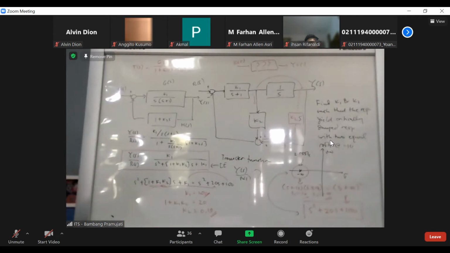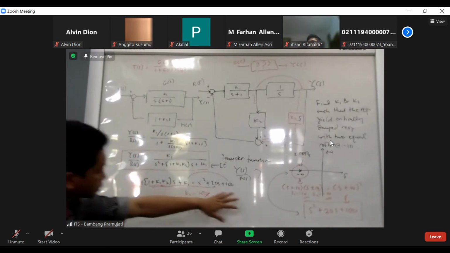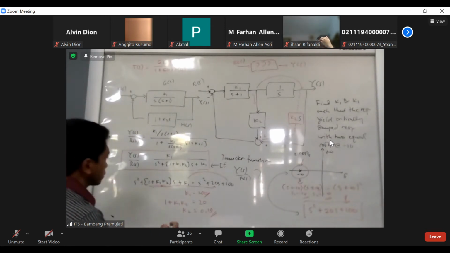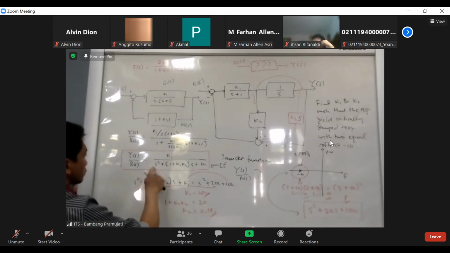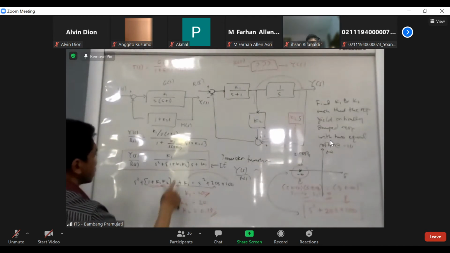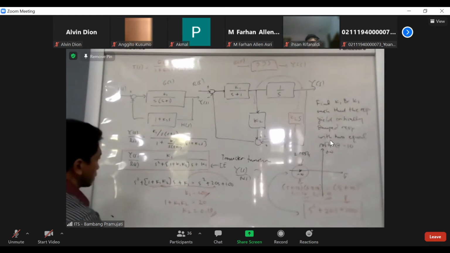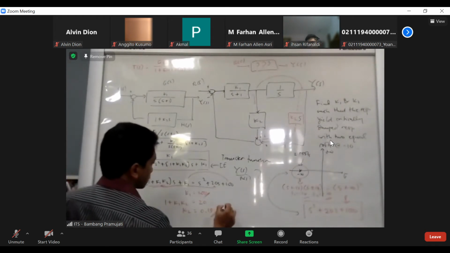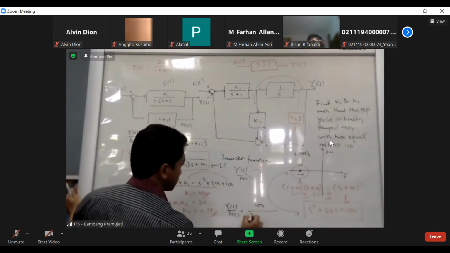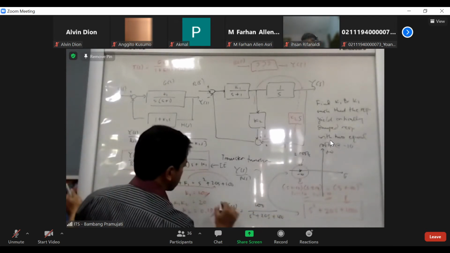So if you are asked what's the transfer function such that the system has this specification, your answer will be Y(s) over R(s) equal to 100 over S square plus 1 plus K1 K2, which is 20, S plus K1, which is 100. So Y(s) over R(s) becomes 100 over S square plus 20S plus 100.